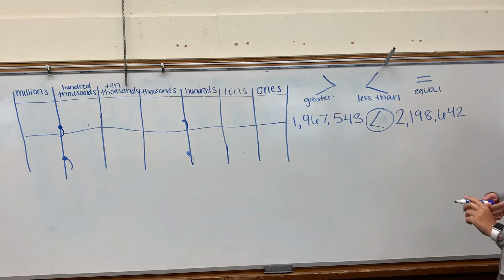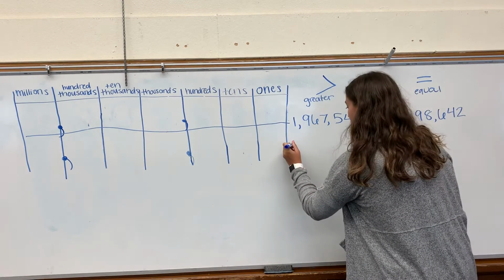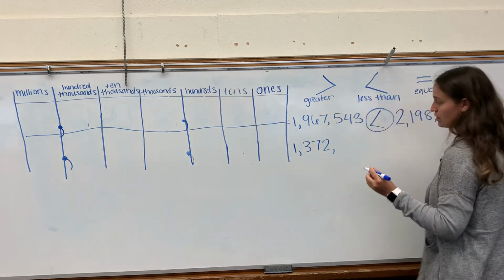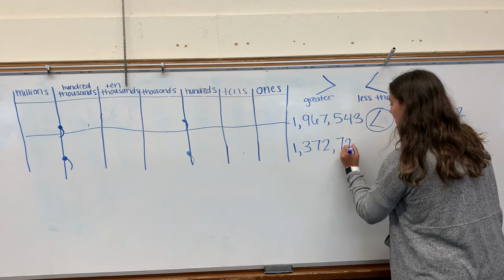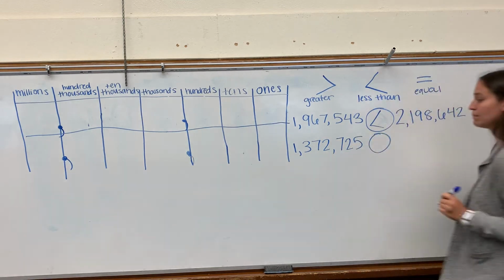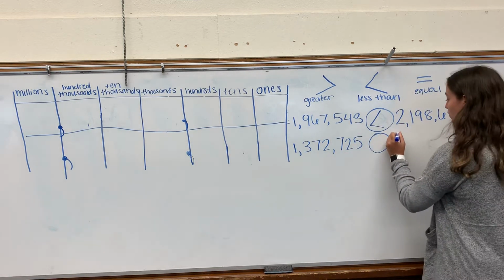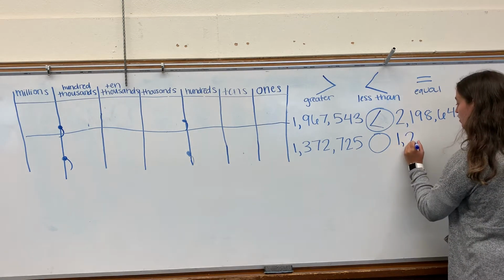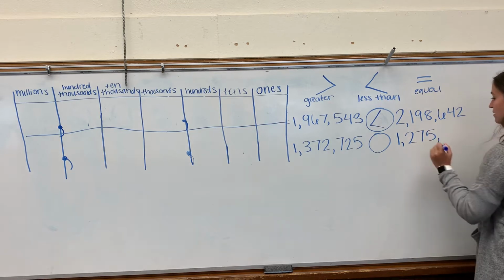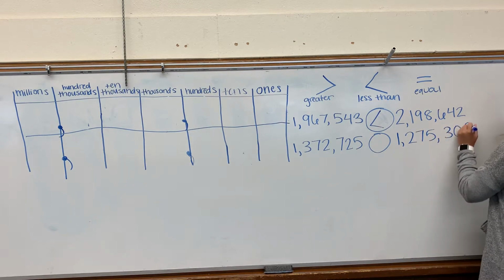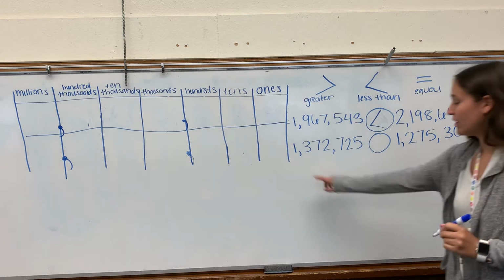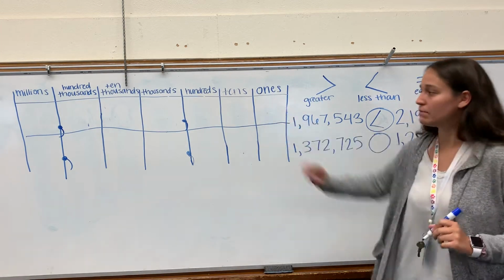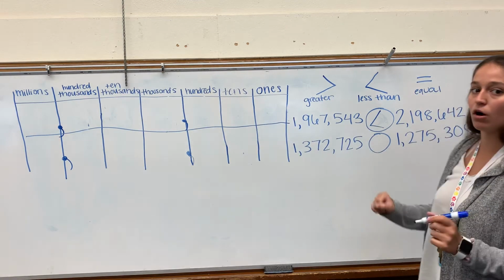Okay, let's say I have 1,372,725, and I'm going to compare that number to 1,275,309, okay? If I look at these two numbers, I'm not quite sure, so I want to put them in my place value chart so I can compare them.